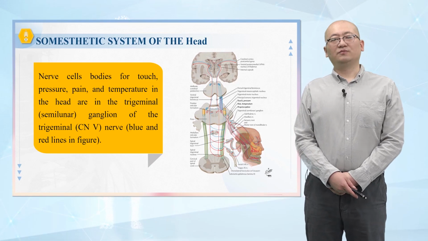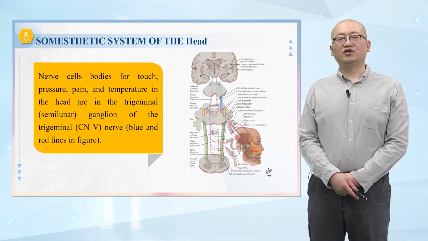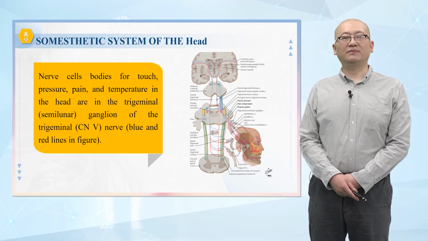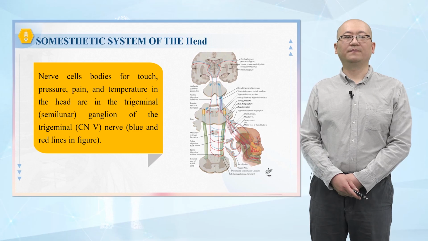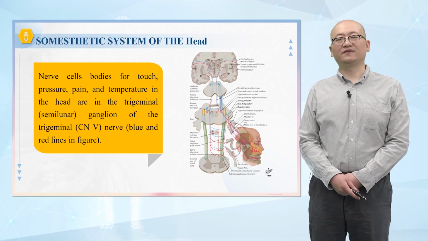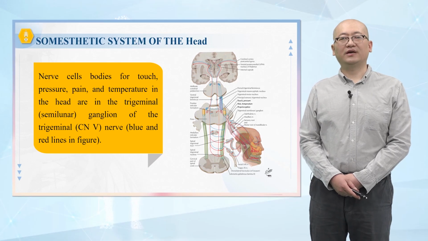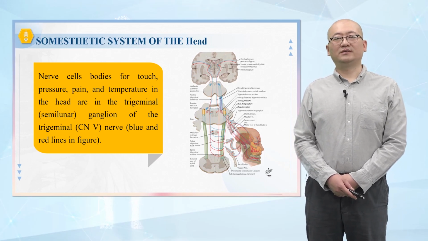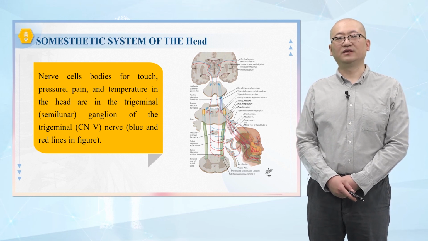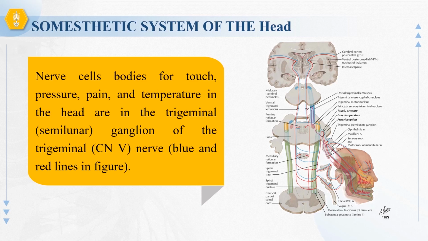The nerve cell bodies for touch, pressure, pain, and temperature in the head are in the trigeminal ganglia of the trigeminal nerve. In the picture, we can see the blue and red lines in this figure. The neuron cell bodies that mediate proprioception reside in the mesencephalic nuclei of the fifth cranial nerve.